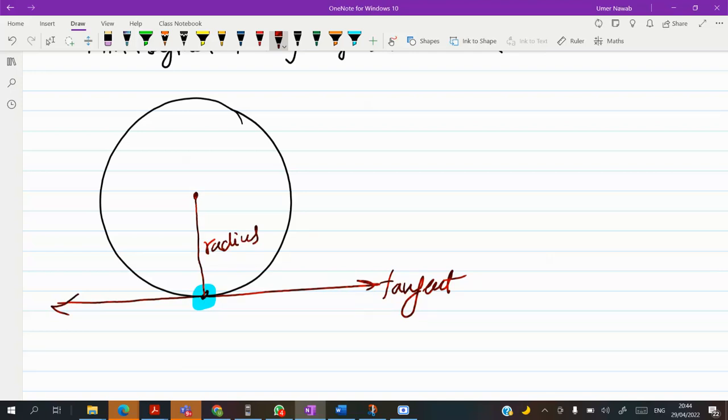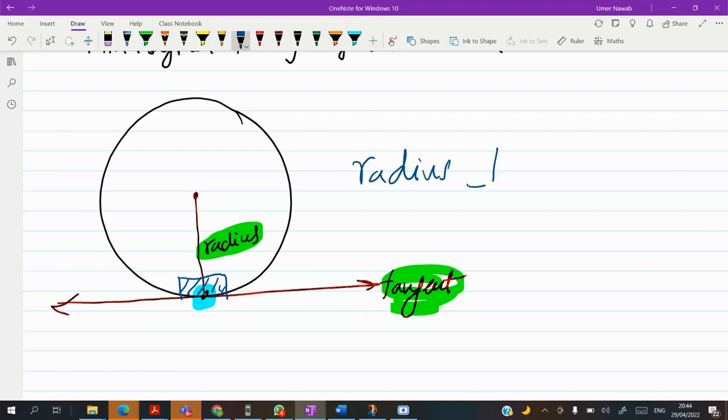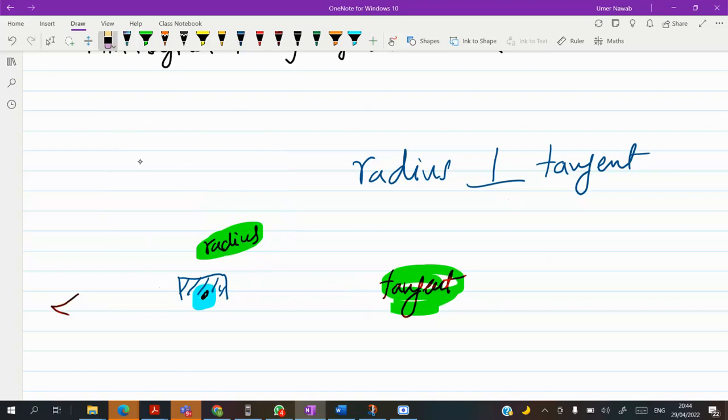So the relationship between radius and tangent is they are 90 degrees to each other or perpendicular to each other. So in the exam, if you want to say what is the logic behind it, you will simply say radius is perpendicular, or use the perpendicular symbol. Radius is perpendicular to tangent. This was my fifth property. Now come to the sixth property.